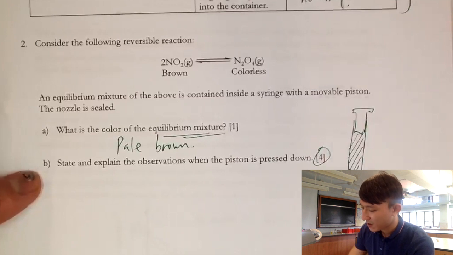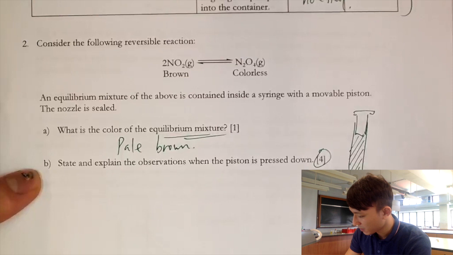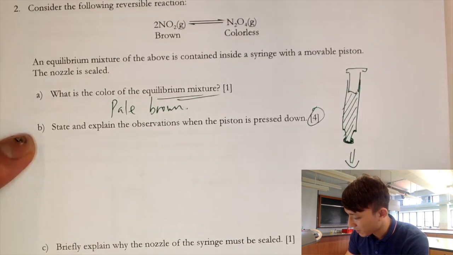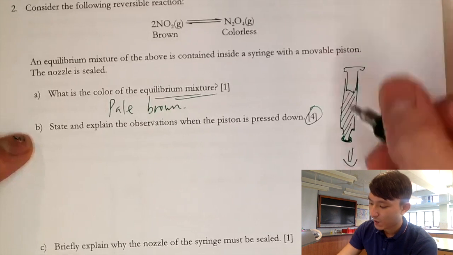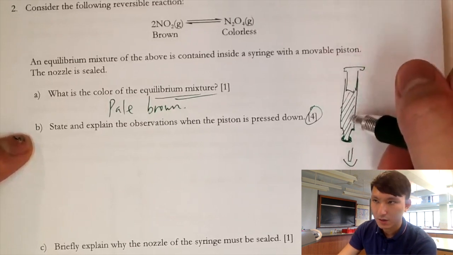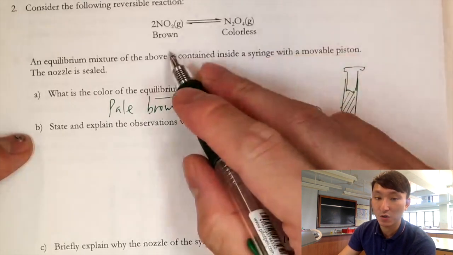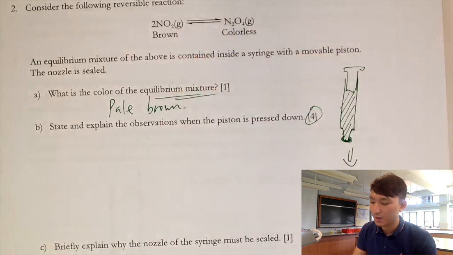Now first of all, as you press the piston down, I try to draw this out. You should expect to see the mixture becomes more brown, simply because when you press down the piston, the volume of the container decreases. So all the NO2 is forced to pack more closely.